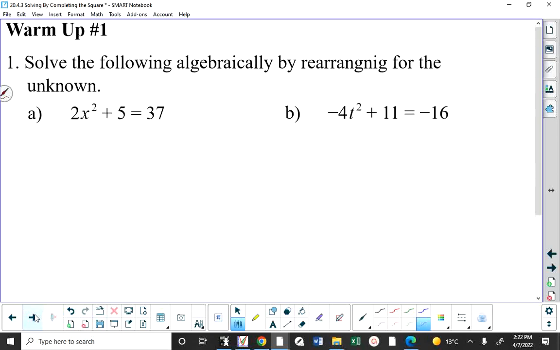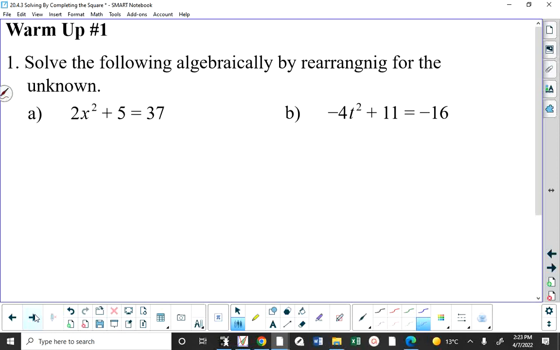As a warm-up, let's review a few things here. Solve the following algebraically. Is equation A a quadratic equation? Sure, because it's got an x squared. There is no special math required to solve this. You just rearrange for x. Because there's no x term, there's only an x squared term.